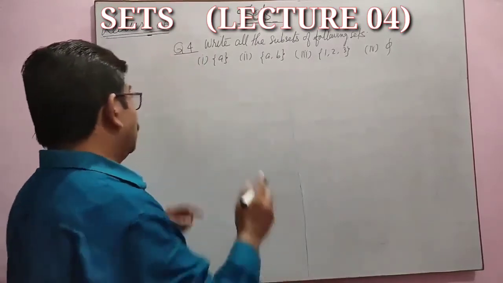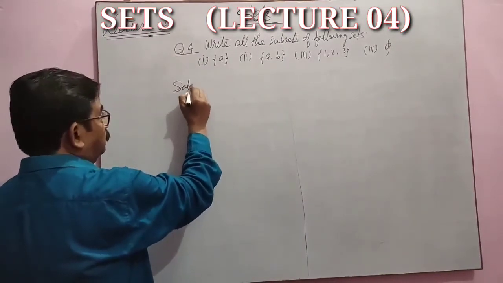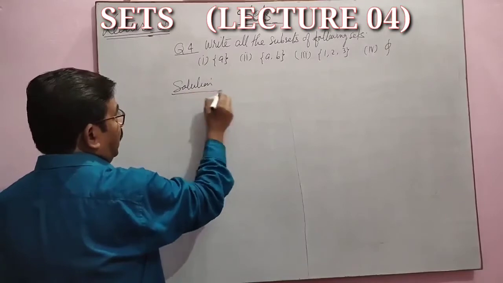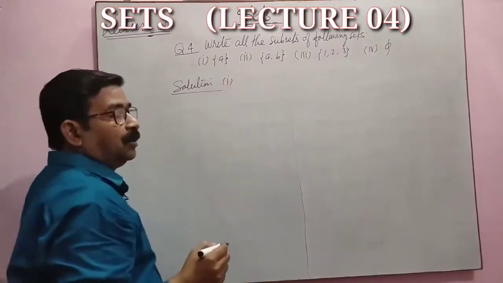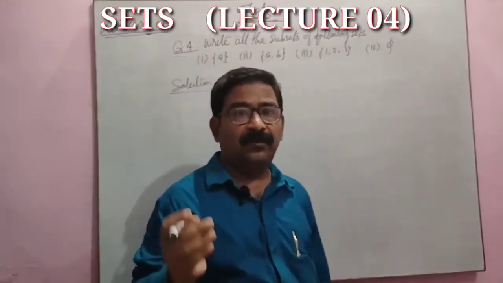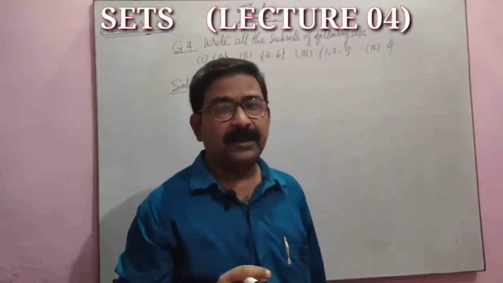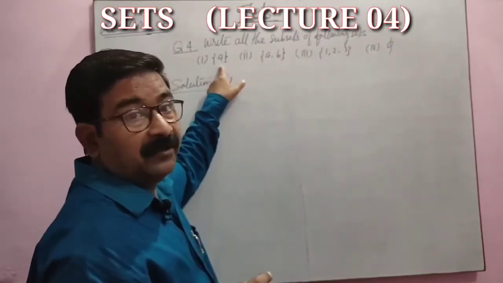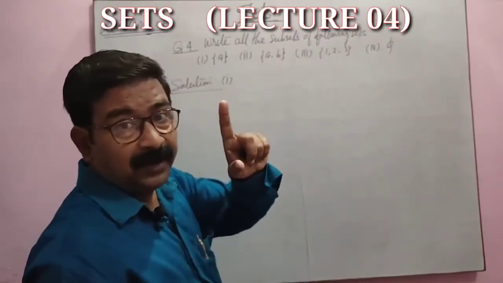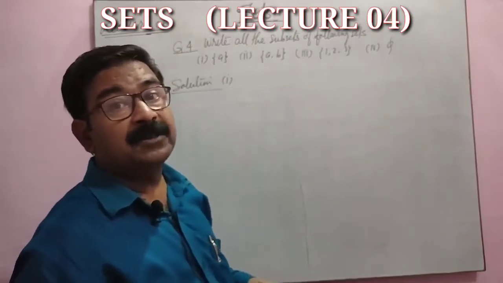So, solution. As I told you, phi is a subset of every set. So this A has a single element. How many subsets will there be?